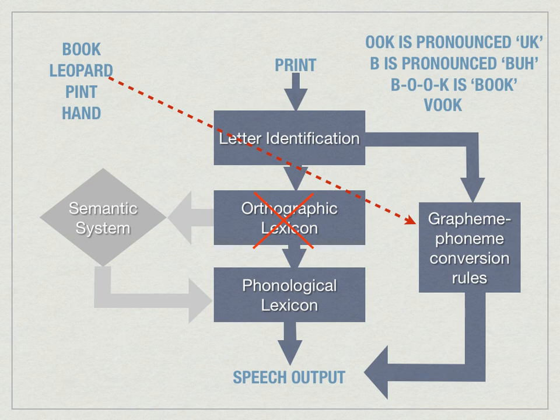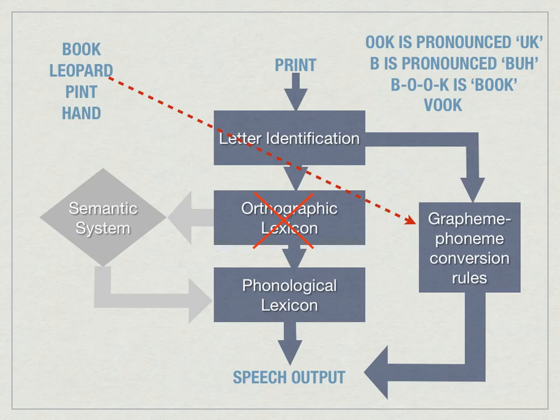Will grapheme to phoneme conversion rules succeed in reading leopard correctly? And the answer is no, because leopard is an exception word. We do not pronounce L-E-O as le, we say Leo. And so this system would read leopard as leopard.